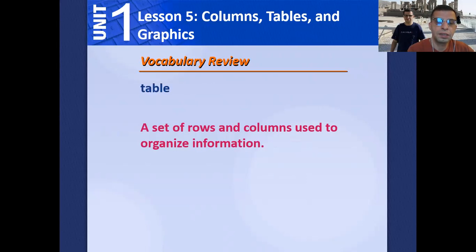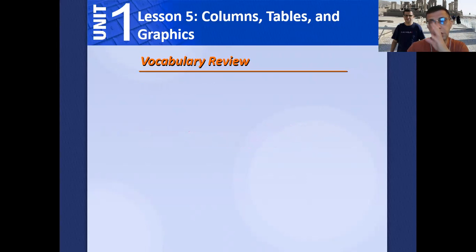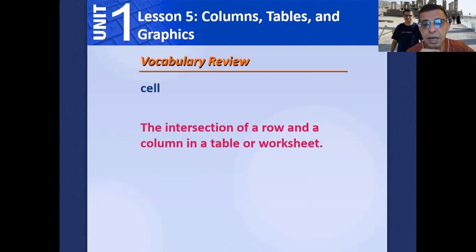Table: a set of rows and columns used to organize information, especially if you have lots of information. If you've done research, marketing research or whatever, you can organize it as a table within the Word file, or you can do it in Excel and import it too. Cell: the intersection of a row and a column in a table or a worksheet.